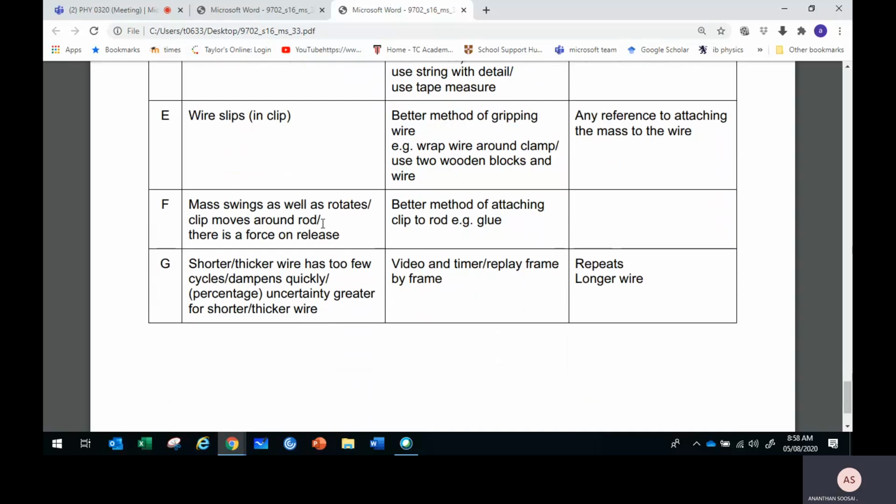The mass swings as well as rotates on the rod. Better method to attach the clip to the rod. Simply glue it to the rod. The mass swings as well as rotates. It rotates, but it swings too. So what is the better method of attaching the clip? Glue it. How can glue solve the problem?